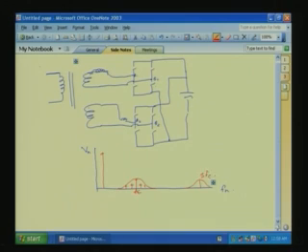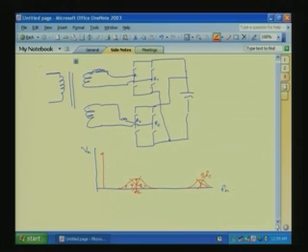All this will get cancelled because of the PWM technique used, sine triangle PWM used for the leg A and leg B.